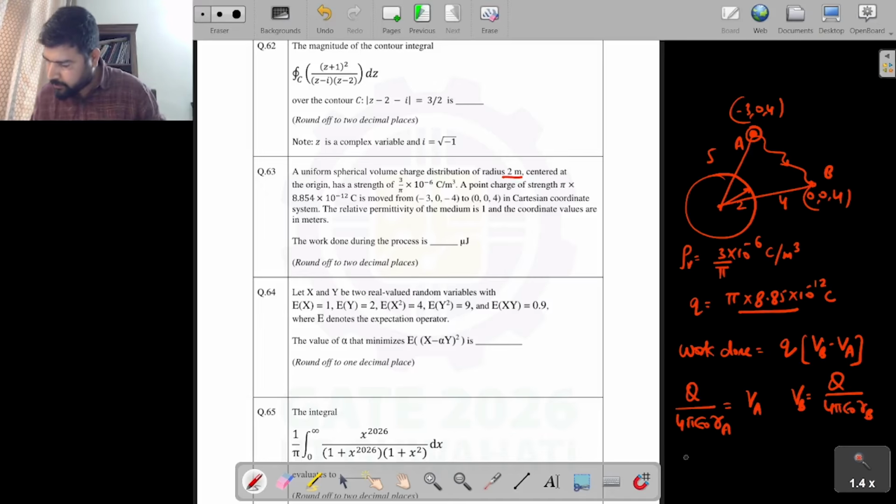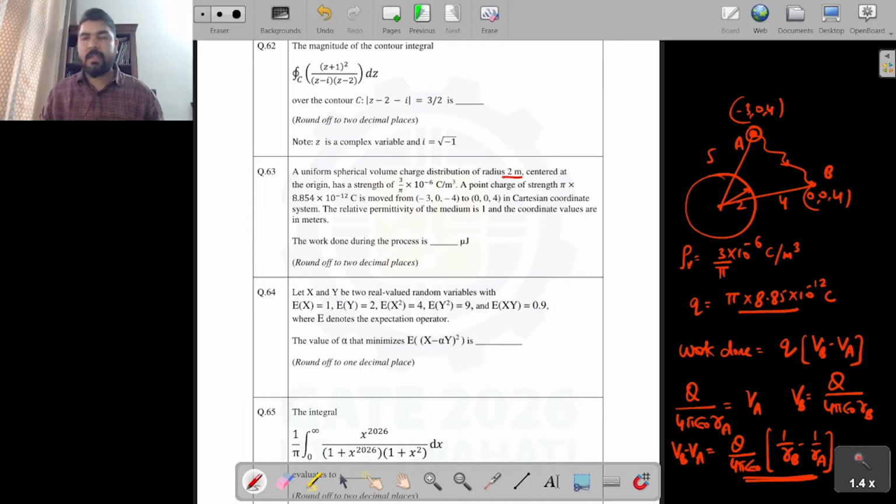So VB minus VA comes out to be Q by 4 pi epsilon naught into 1 upon RB minus 1 upon RA. This is the change in potential. Multiply with the small charge q, and you will get the work done.